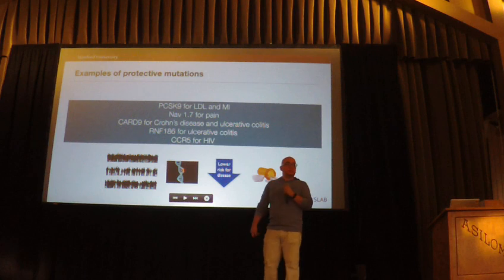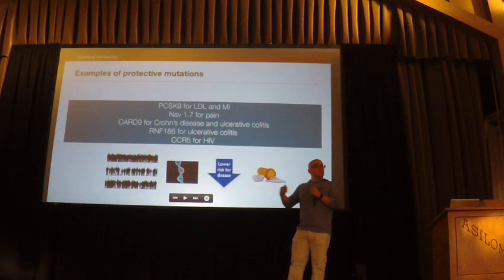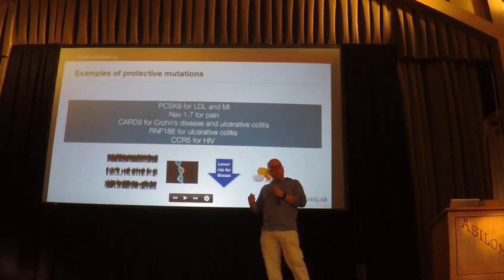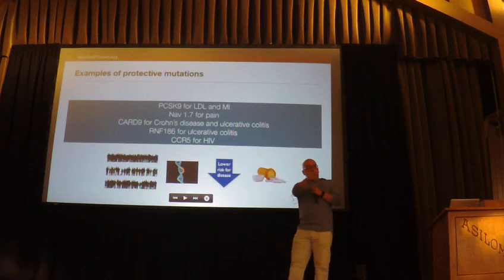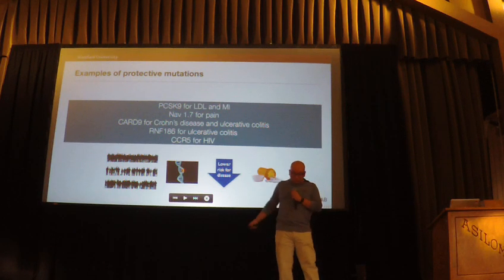I think the one that's the most successful to date that went from genetic discovery to passing phase 3 clinical trials, showing consistent effects in the therapeutic strategy with effects that you see in humans, is the example of PCSK9 for LDL and myocardial infarction.